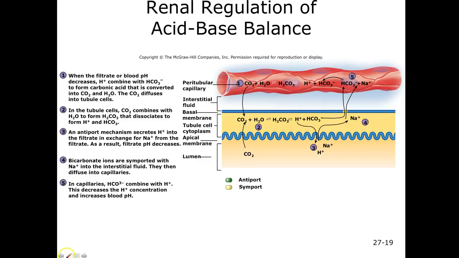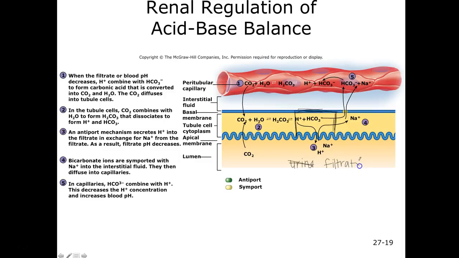What happens after that is within our kidney tubule, I'm just going to add lines here. Remember we said we have that cuboidal cell, so I'm going to make this a cuboidal cell. And this is the lumen of our kidney, where we're producing filtrate.